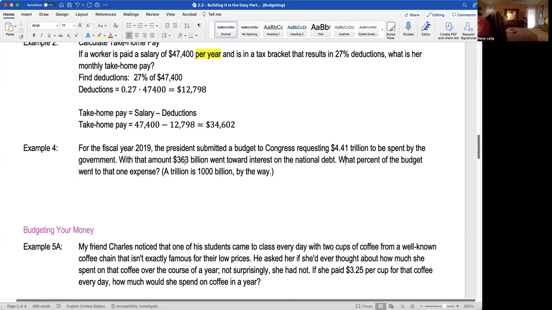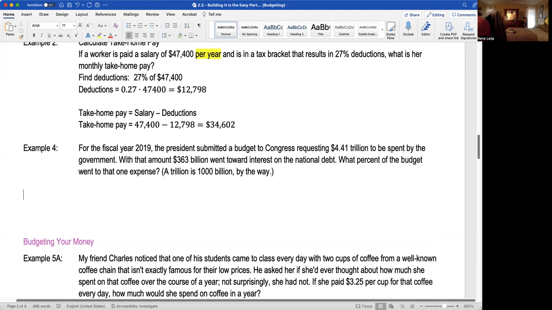So first thing is, let's go ahead and say 4.41 trillion is going to be, now remember, it said a trillion is 1,000 billion.